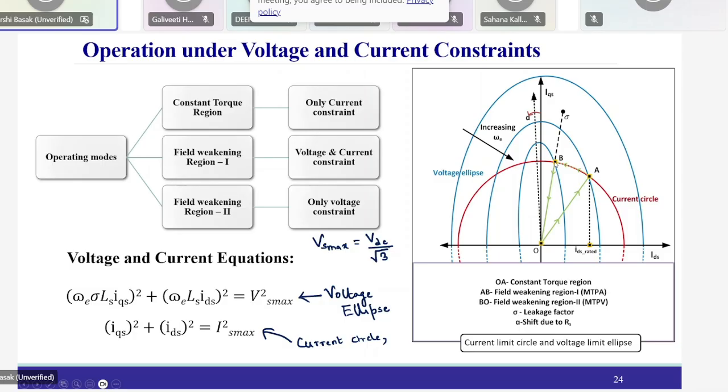So at this point MTPV will be prevailing, and this point B is the point corresponding to the critical speed.